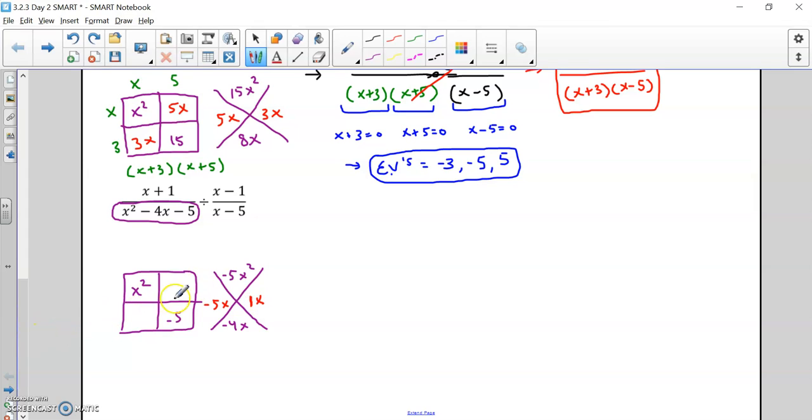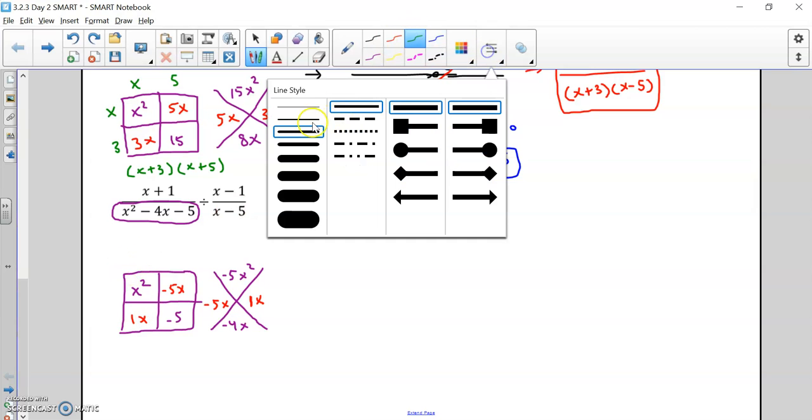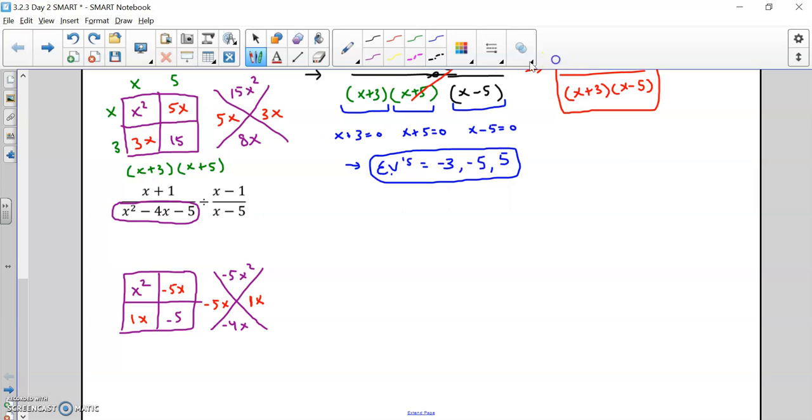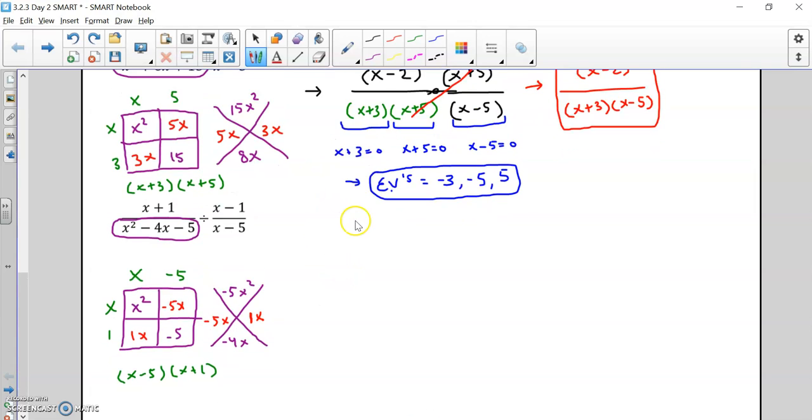So we can fill in the rest of our box. So that tells us when we fill out the outside that we need x and x, a negative 5 here, and a 1 here. So our factored form is this. So now let's go ahead and do what we did last time, which is rewrite the problem.